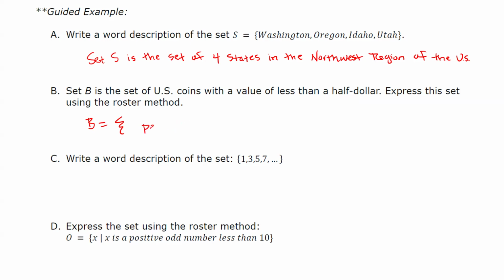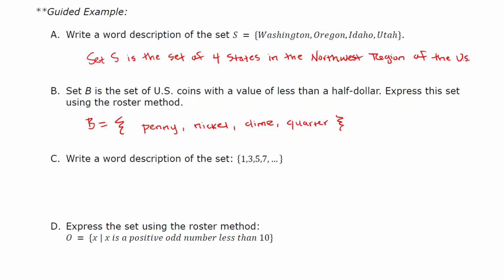So that would be a penny, a nickel, a dime, and a quarter. Okay, so that's the roster method.